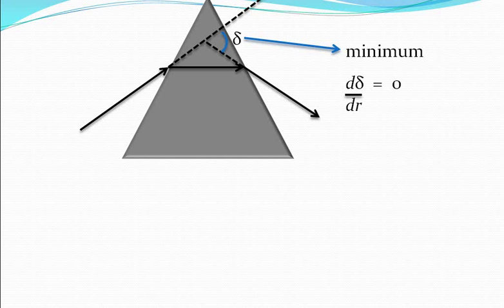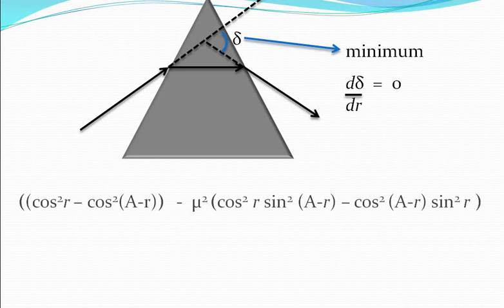When we differentiate the expression with respect to r, this is the actual expression that we get. I know it's all very complicated, but all we've done is differentiated the expression you just saw before. When we equate this expression to 0 and simplify, this is the final expression that we get.